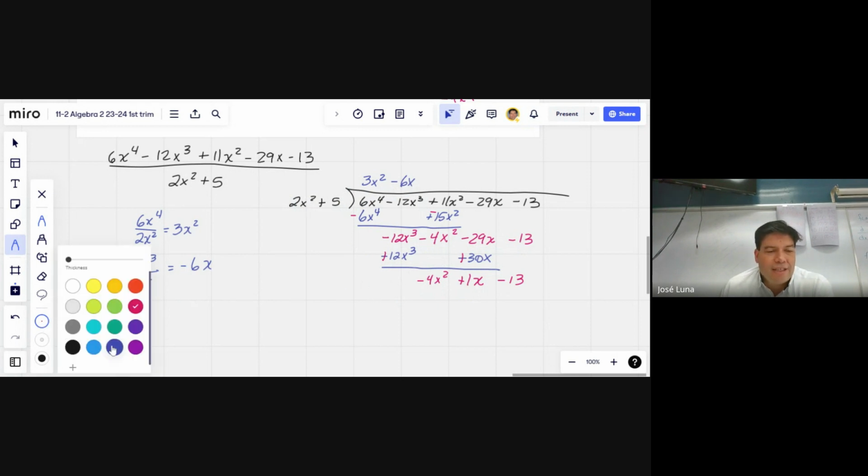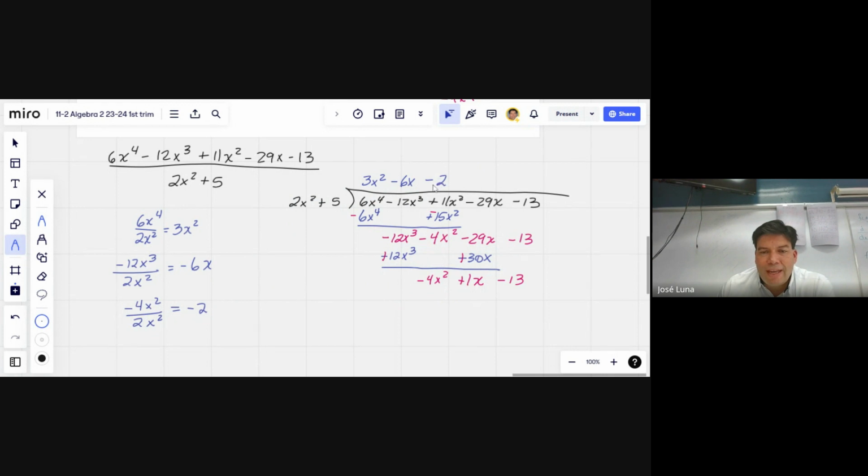And again, we look only at the leading term, negative 4x squared and 2x squared. I divide. Negative 4 divided by 2 is negative 2. And x squared divided by x squared, they cancel. It's 1. So negative 2 times 1 is just negative 2, which I write over here. Negative 2 times 2x squared, now I multiply, is negative 4x squared.